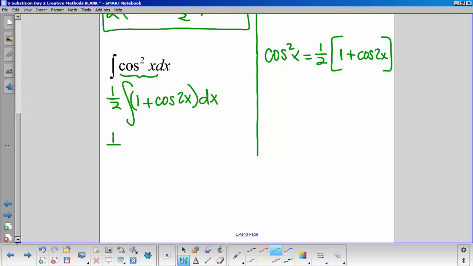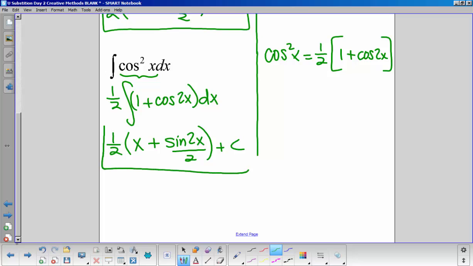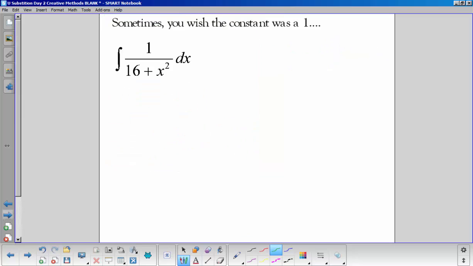So the antiderivative of 1 is x, and the antiderivative of cosine 2x is sine 2x over 2, plus c. Alright. So now you know how to integrate more and more stuff. Here we go, moving right along.